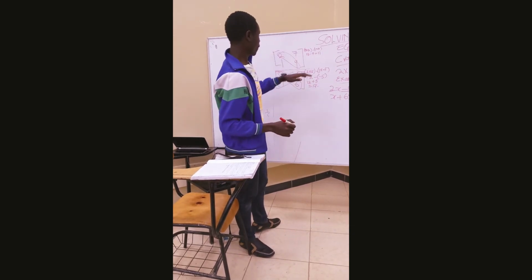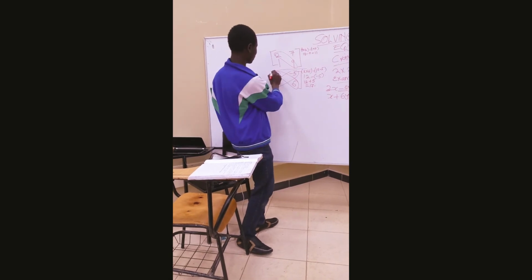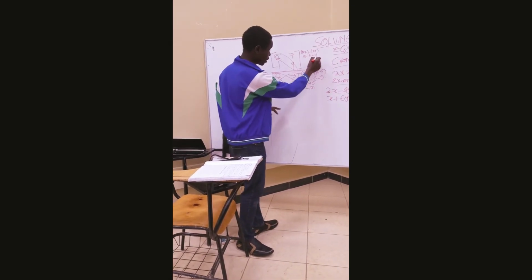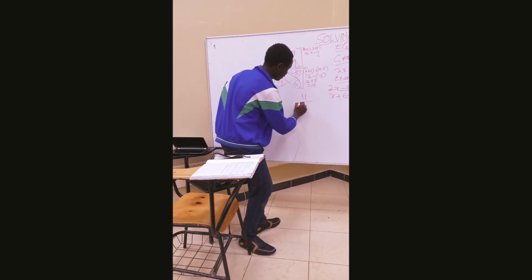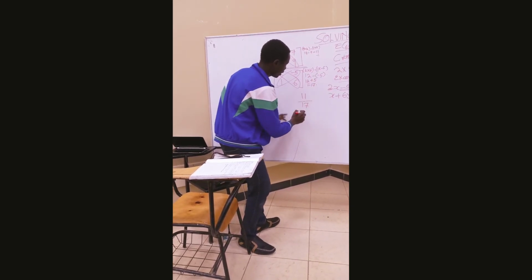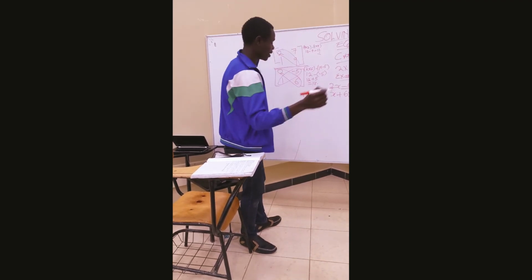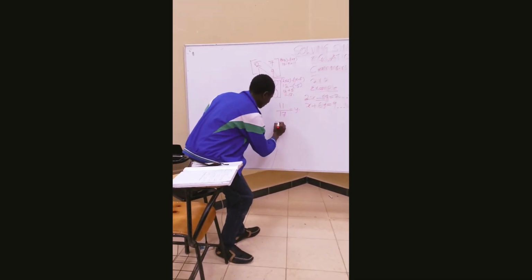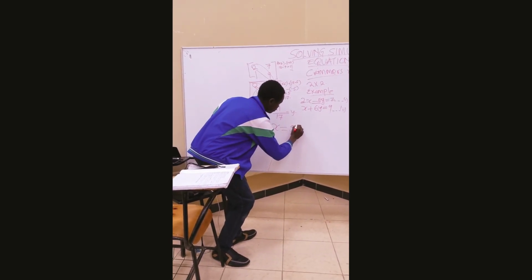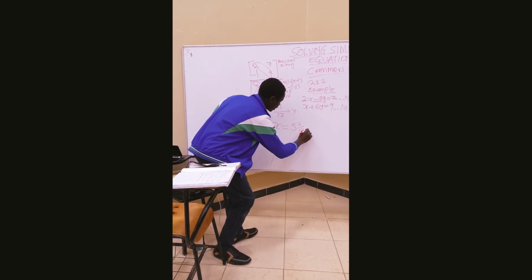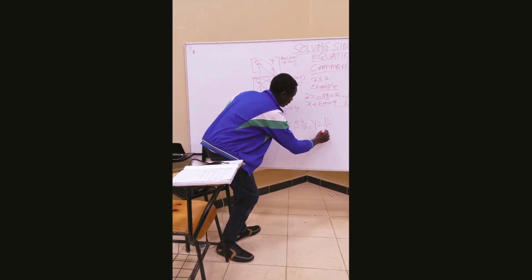So to get the answer of y, we take 11 divided by 17. And this gives us the value of y. So x is 5 and 2 over 17, and y is equivalent to 11 over 17.